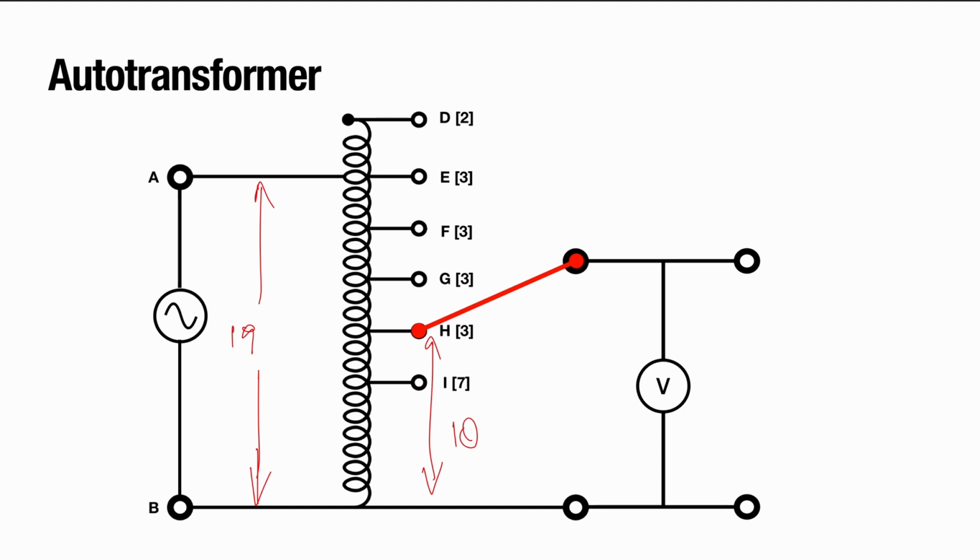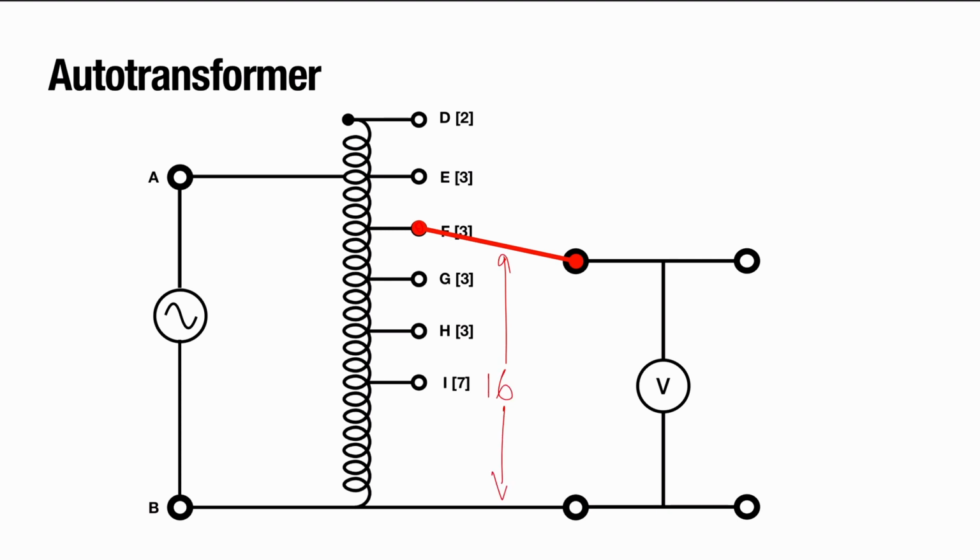Okay, now let's take another example. Suppose we close the circuit in the tap labeled F. How many windings are enclosed here? Well, we have 16 in total, and we have determined that on this side is 19.